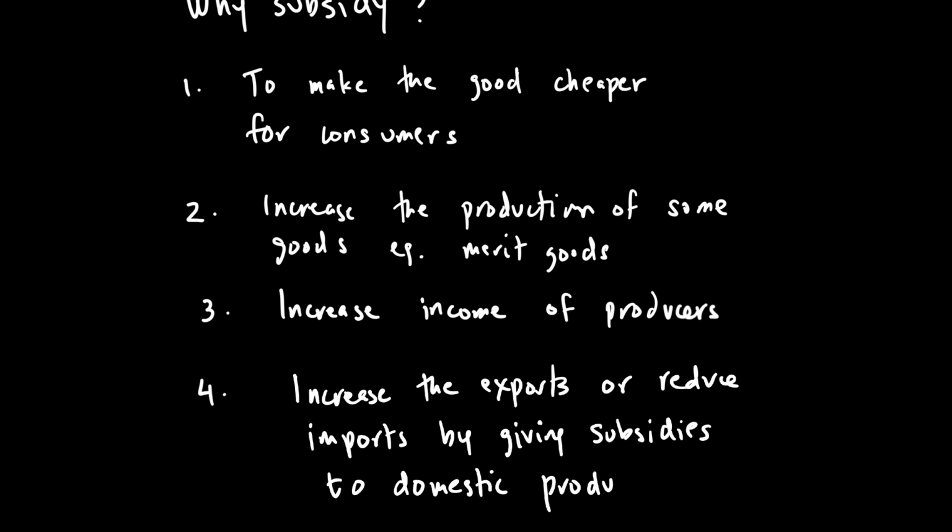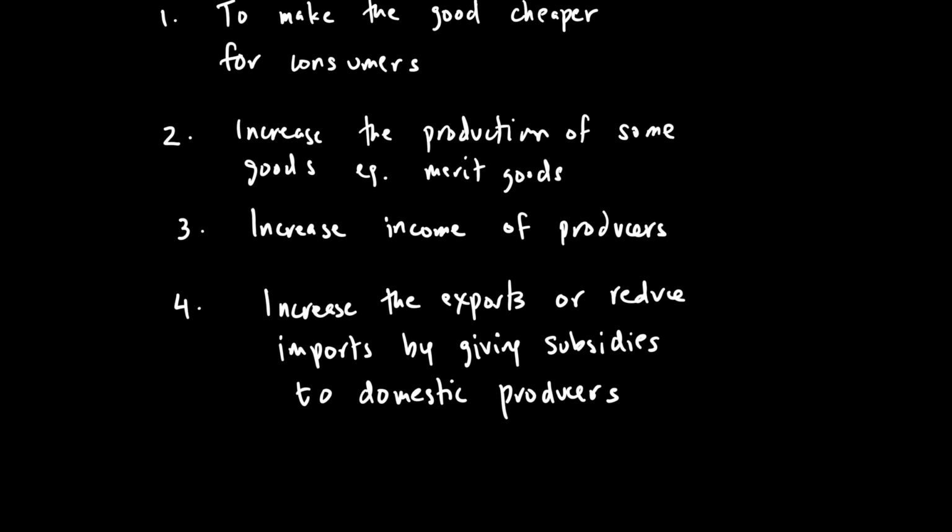So when the domestic producers get the subsidy, their price can be lower than either the foreign producers which are selling in the domestic market, or even if they are exporting, then they become more competitive in the foreign market. So subsidies sometimes is given in the international trade context as well.